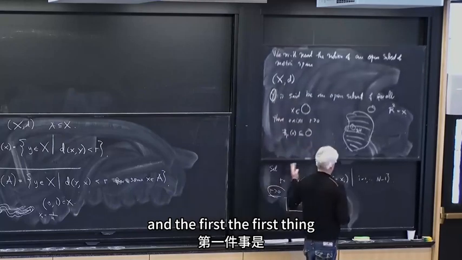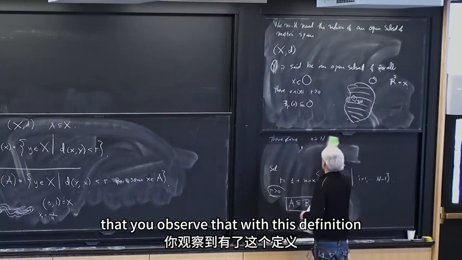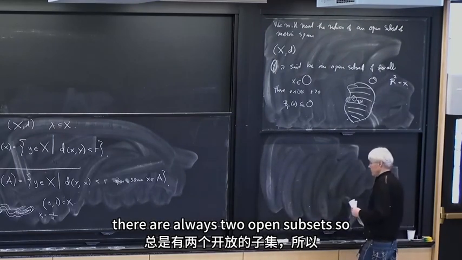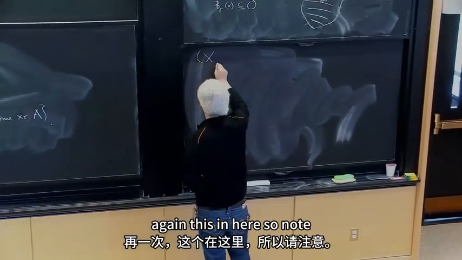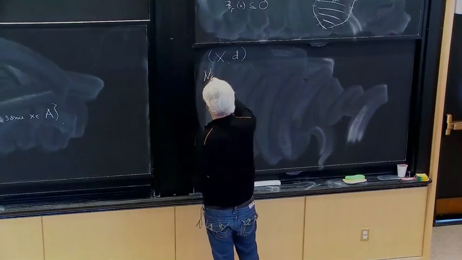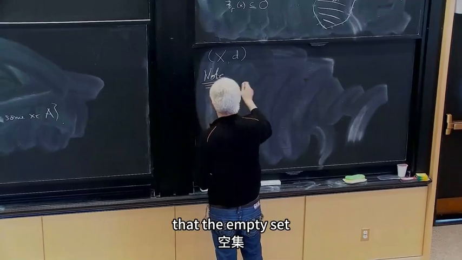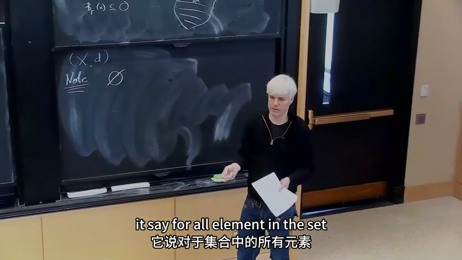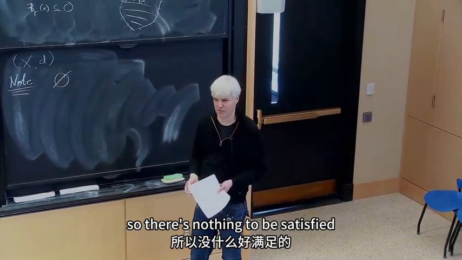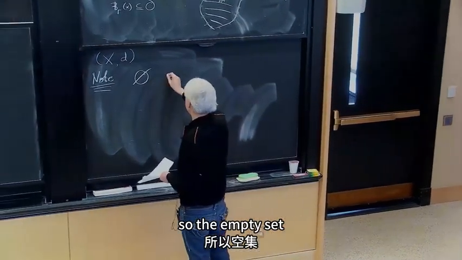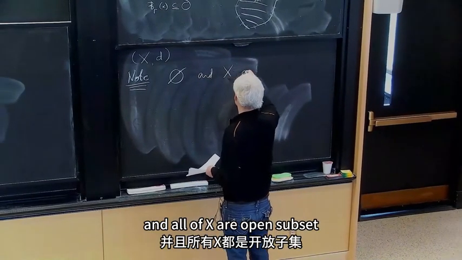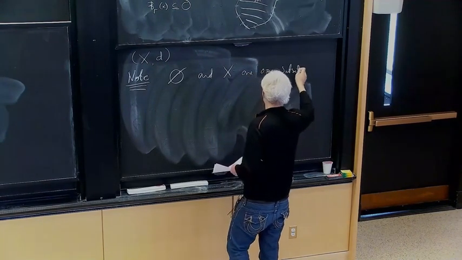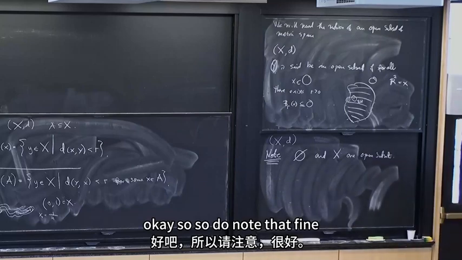And the first thing that you observe with this definition is that there are always two open subsets. Note that for the empty set, there's no condition. It says for all elements in the set, but there is no element, so there's nothing to be satisfied. So the empty set and all of X are open subsets.